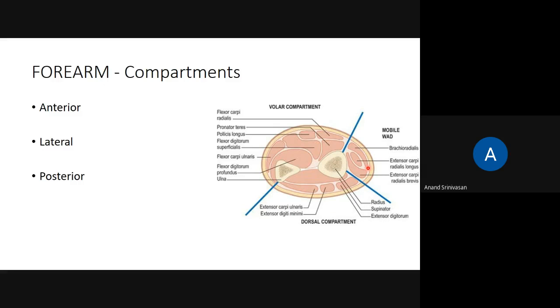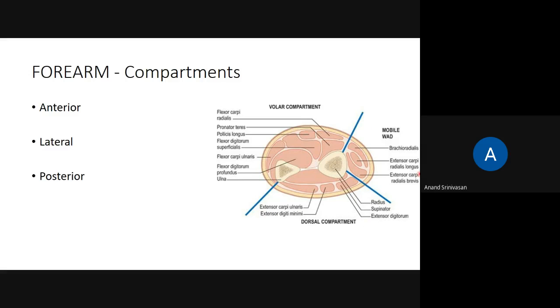This is for our reading to understand better. Some books may combine both the lateral and the posterior together, and say the entire part is the posterior part.